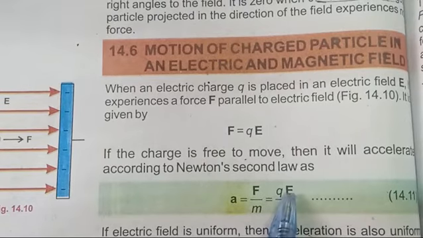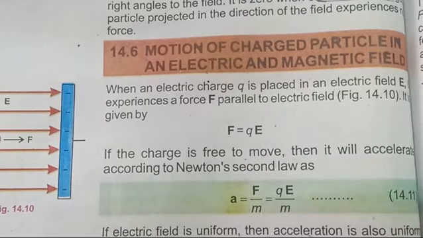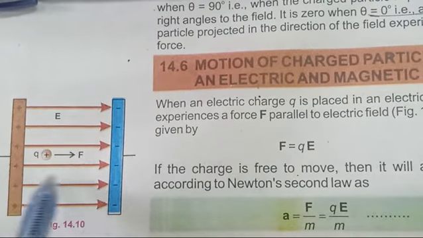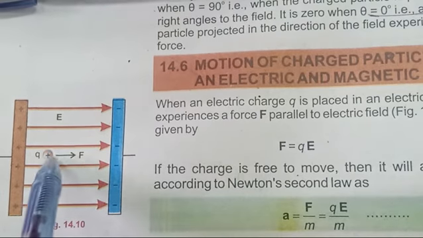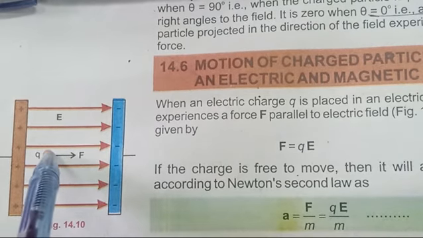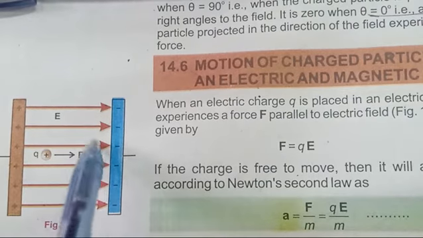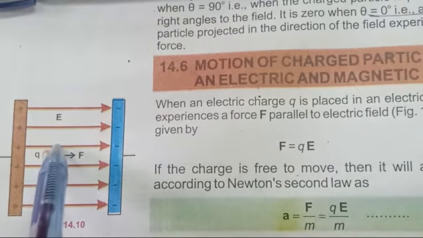What is E? E is the electric field represented in the diagram, and its direction is from higher potential, the positive plate, to lower potential, the negative plate. The electric field is represented by electric field lines, and there is a charge Q that is allowed to accelerate freely between these two plates in the presence of electric field E. The force experienced by this charge is F equal to QE.